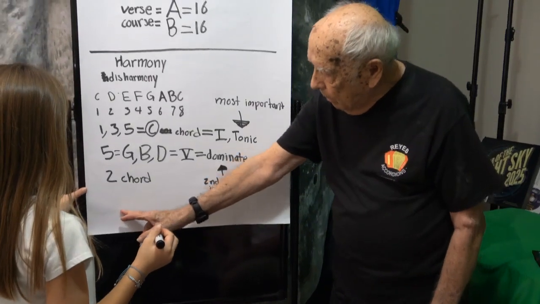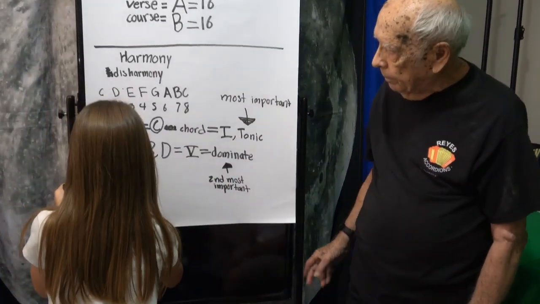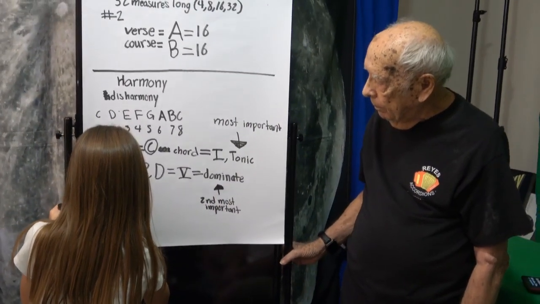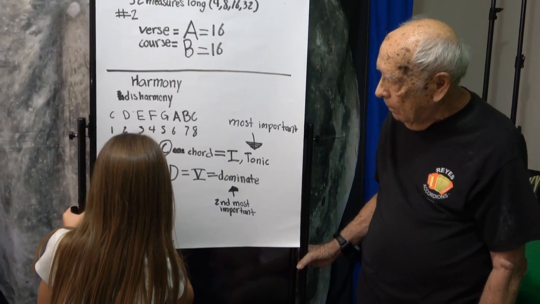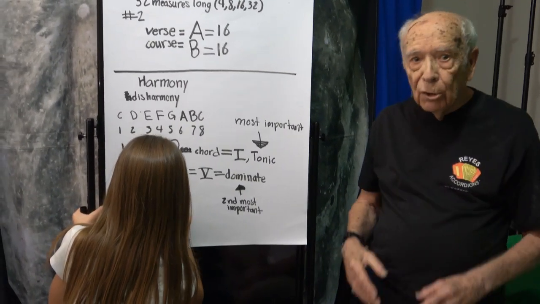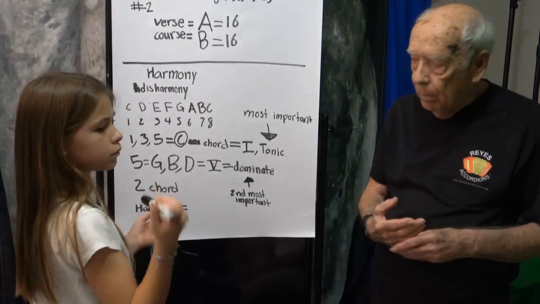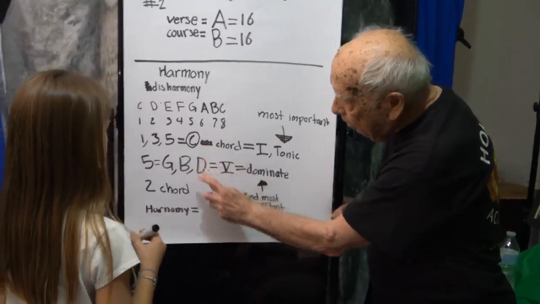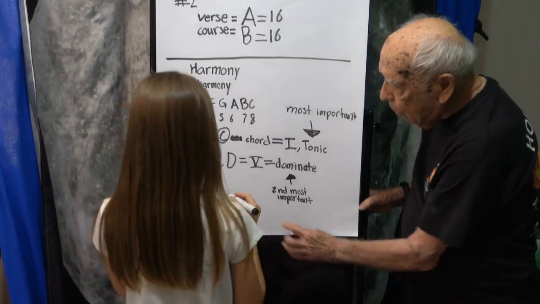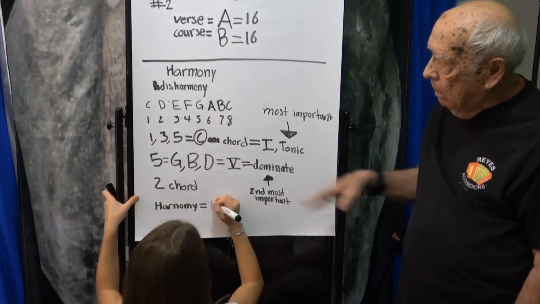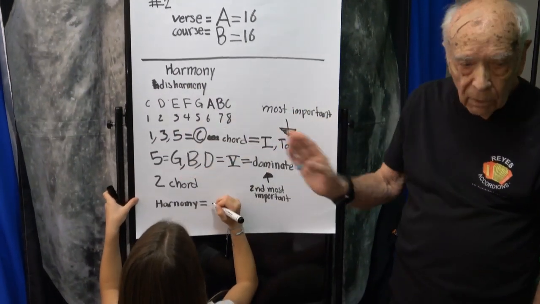So now harmony again equals, so when those people who don't want to learn music, bluegrass people, a lot of them for example, your harmony will be a 1-5-3 song. 1, 5, and we haven't gone over 3.